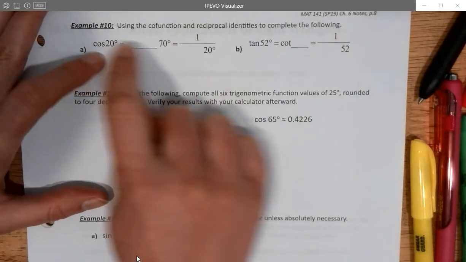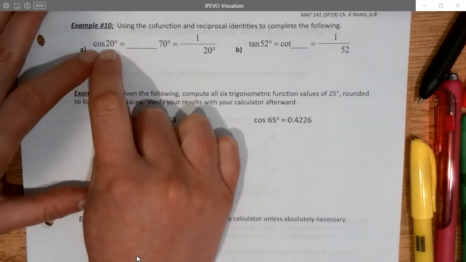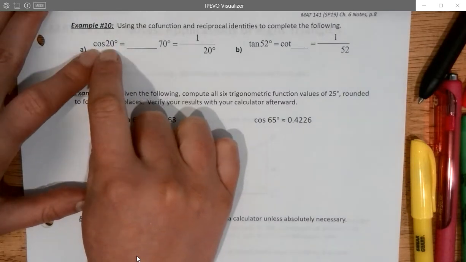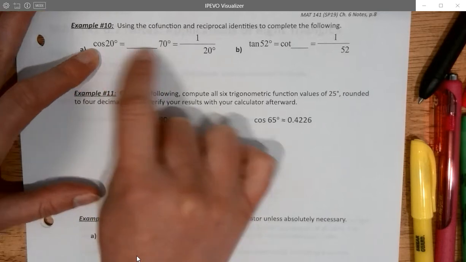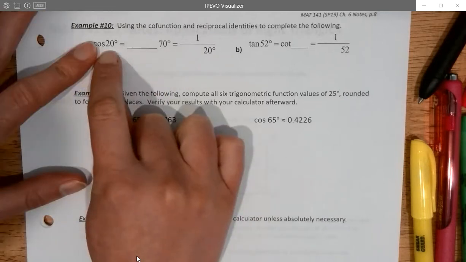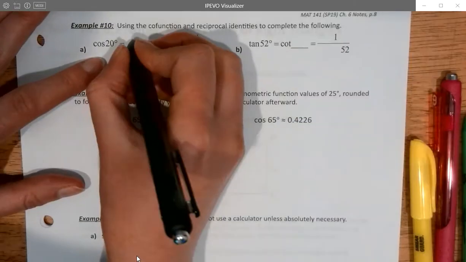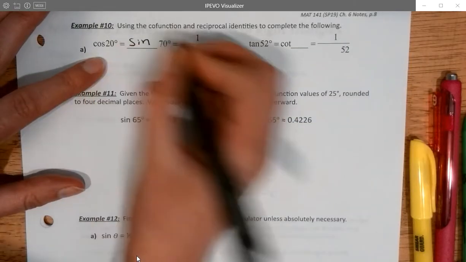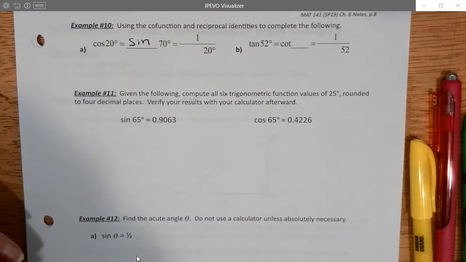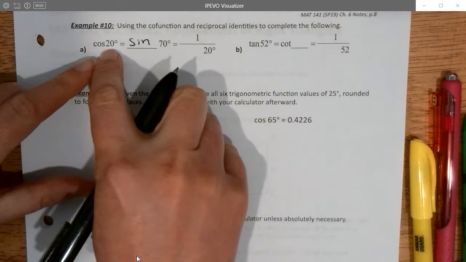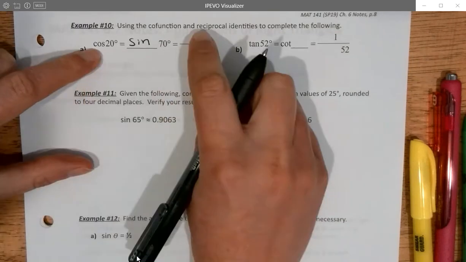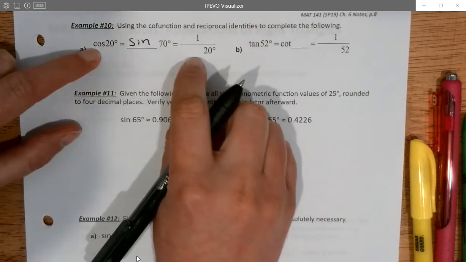If I know the cosine of 20, then I know, because 20 and 70 are complementary, that it's going to be equal to the sine of 70 degrees. Cosine of 20 and the sine of 70 are equal. The cosine of 20 is also equal to 1 over what? Okay.